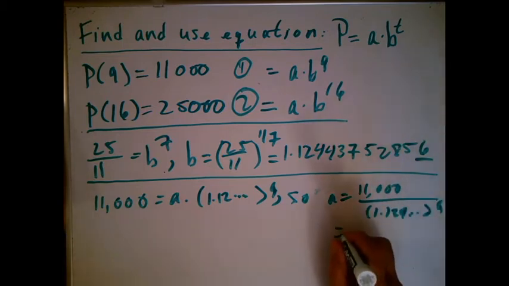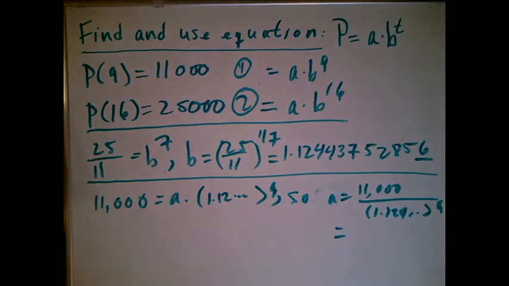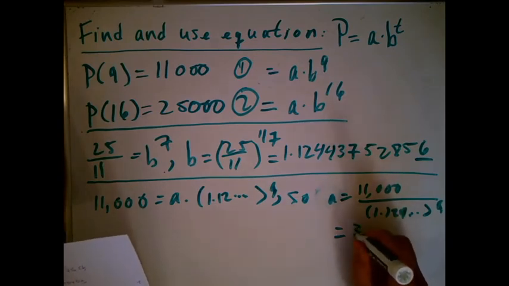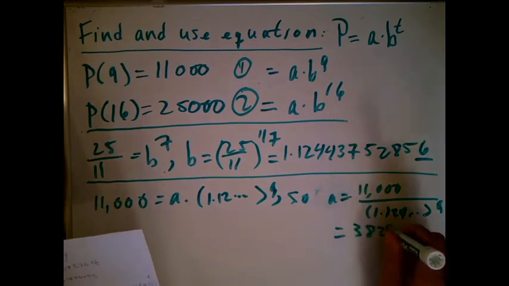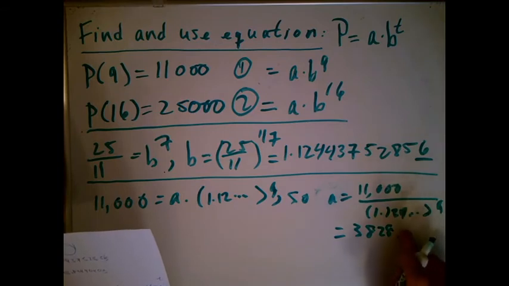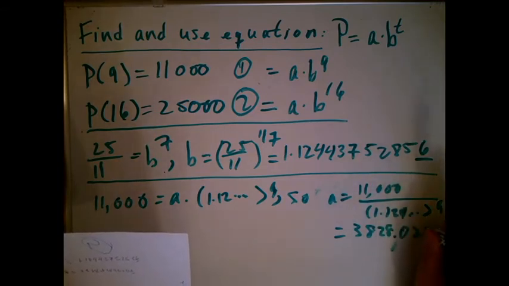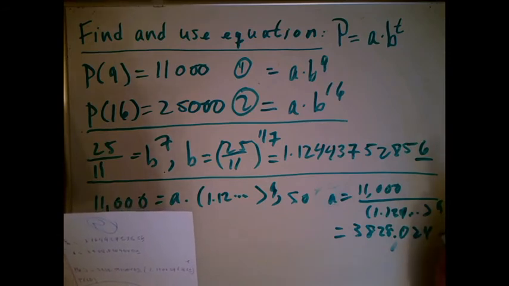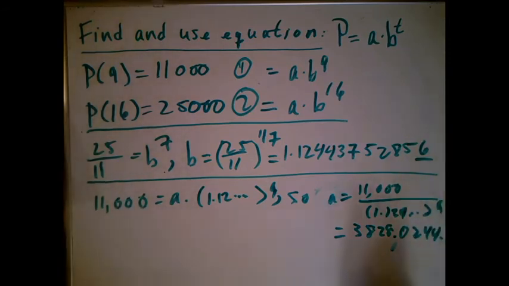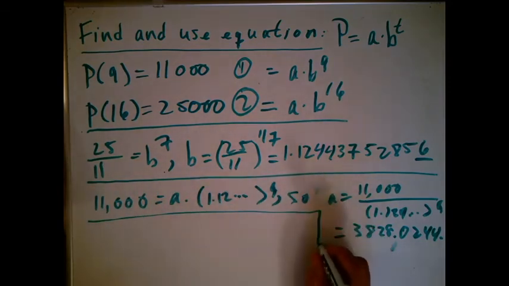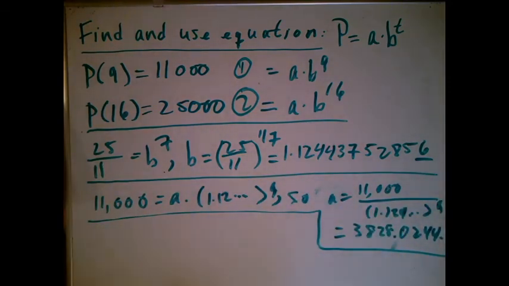And I'm going to get that A is 3828.0244, and I put as many decimal places as I can fit on this page, although I include them in my entire calculation. Now, once I have A and I have B, we do have the equation.